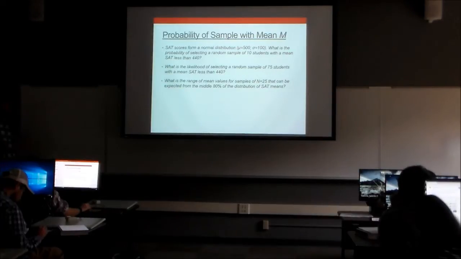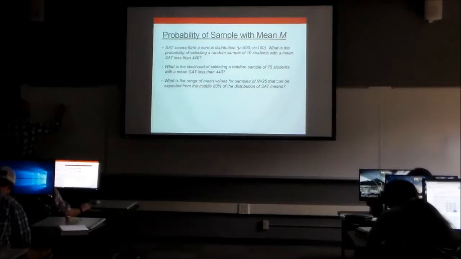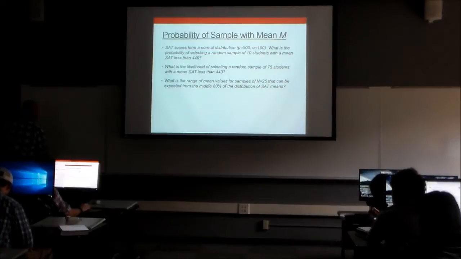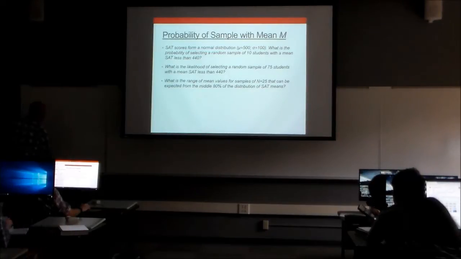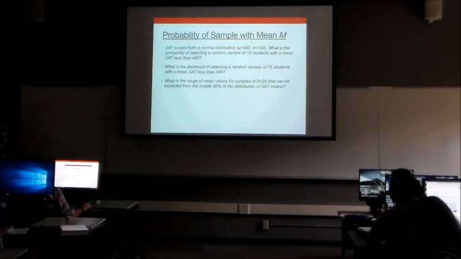Someone do that math for me? What's the square root of 10? 3.162. Okay. So what's 100 divided by 3.162? 31.6. Okay, cool.